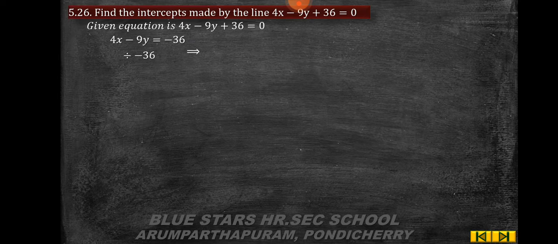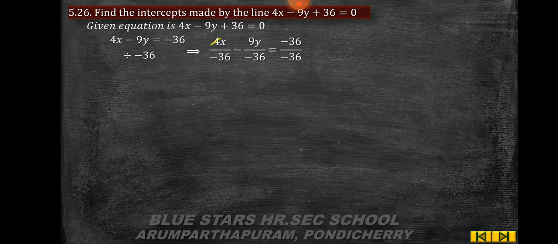Then only you get the intercept form x by a plus y by b is equal to 1. So you have to make the right hand side value 1. It is only possible if you divide the whole equation throughout by minus 36. So 4x by minus 36 minus 9y by minus 36 is equal to minus 36 by minus 36.